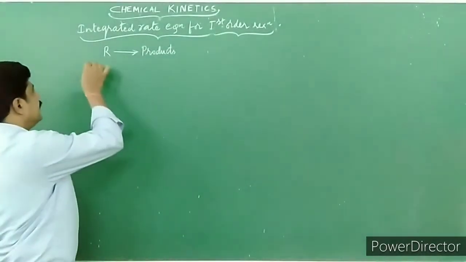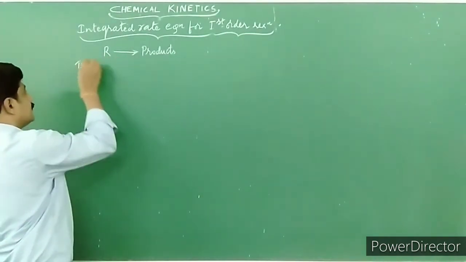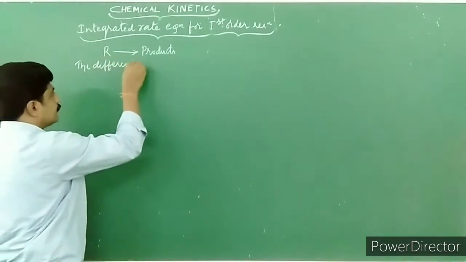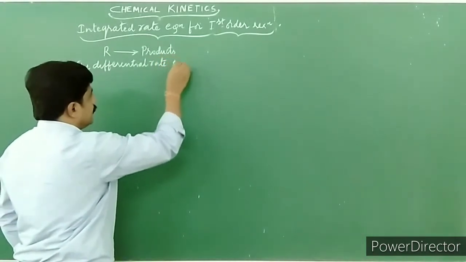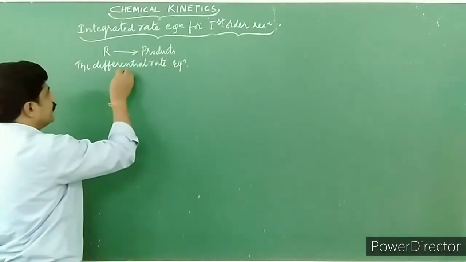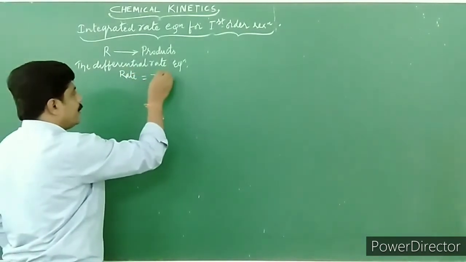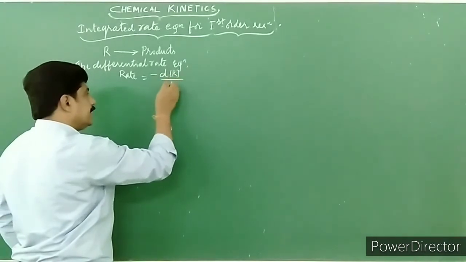In that case, I can write the differential rate equation as, look at here, rate is equal to minus dR upon dt.